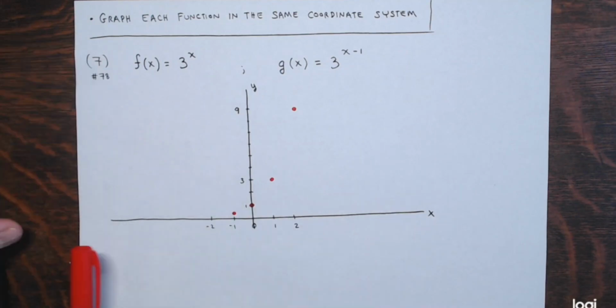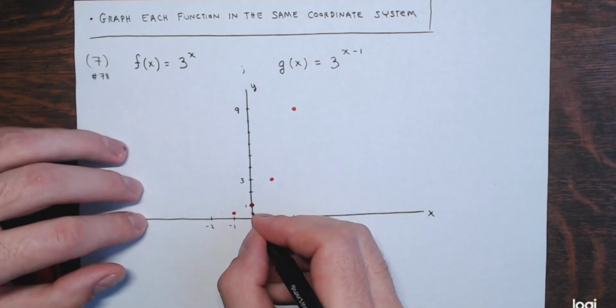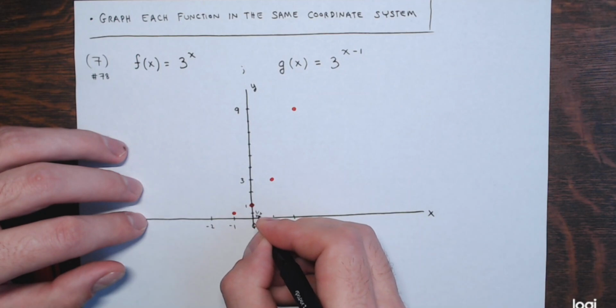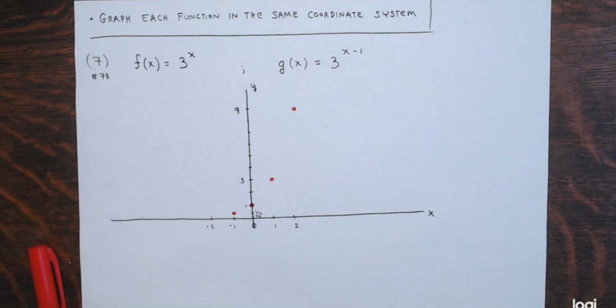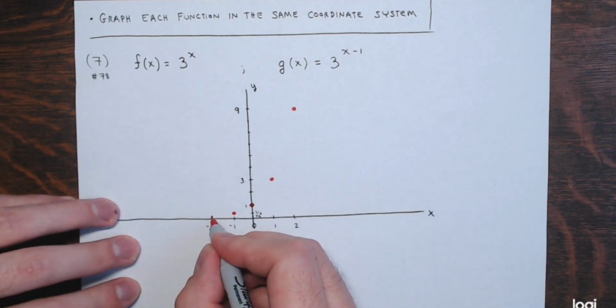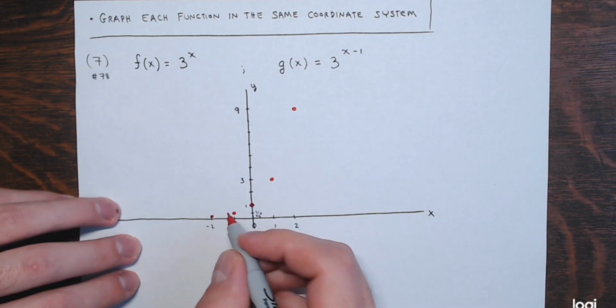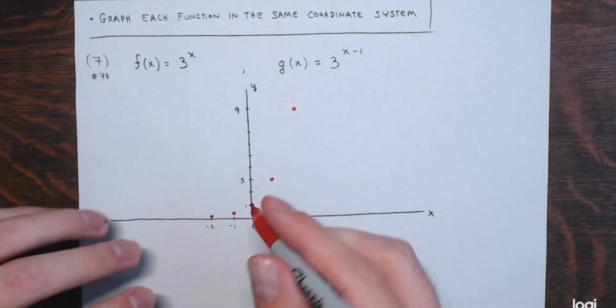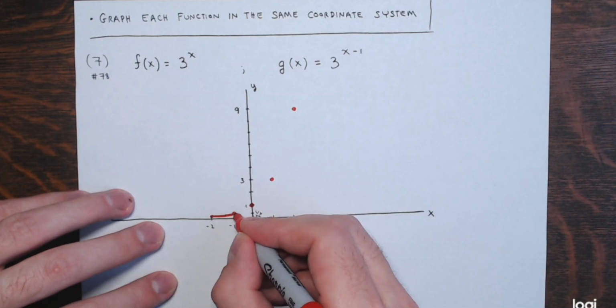So that's 1/3 here, and then 1/9. Real tiny. I'm sorry about how tiny that is. 3 to the -2 is 1/9. Even smaller. And here was this graph. We saw this before.